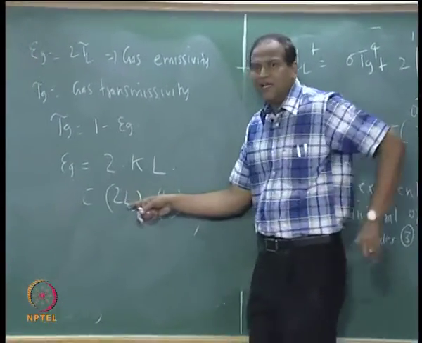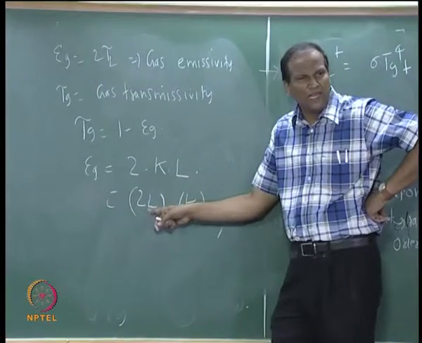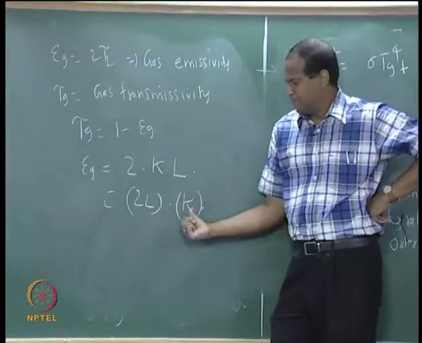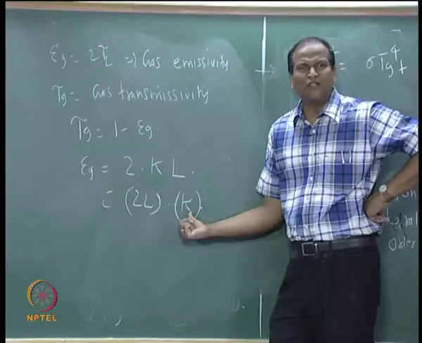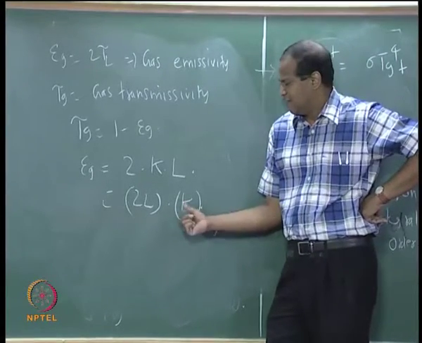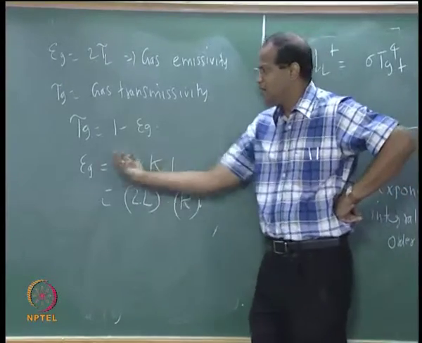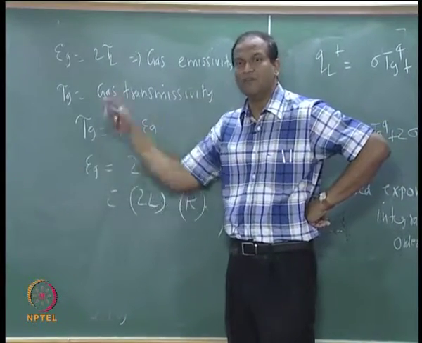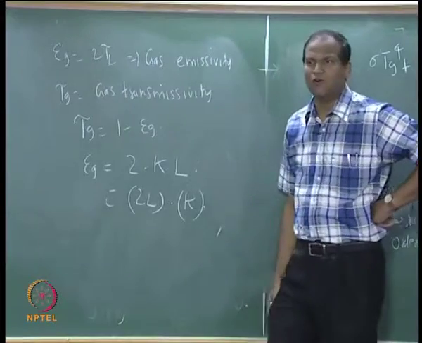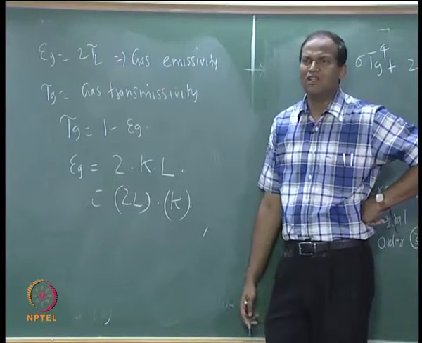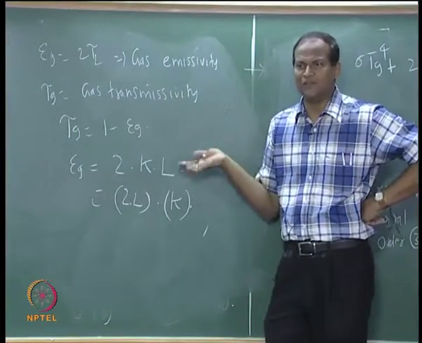The 2L is basically related to the geometry. The kappa is related to the capacity of the gas to absorb. Therefore, when I combine this geometric part and the thermal part, I am able to get an equivalent gas absorptivity, with which I can use my radiosity formulation which I used for the evacuated enclosure. I can modify it and use it for this.